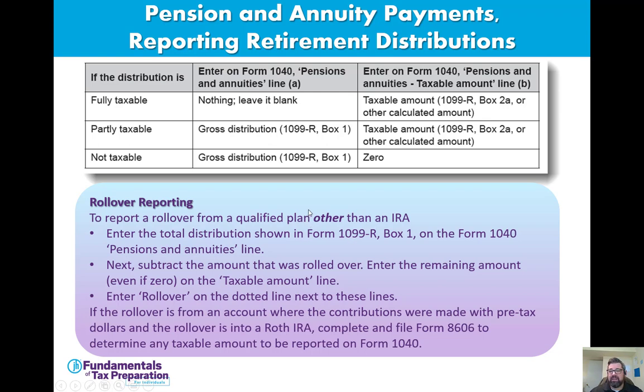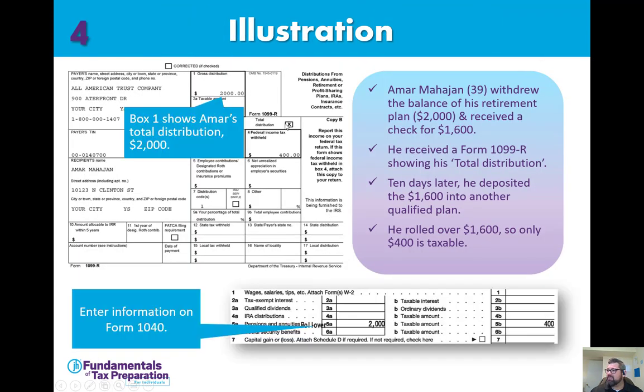This gives you an example of the 1099-R. This is an illustration, but it's the same as what we were looking at before. It's talking about pensions and annuities, but it comes on the same form as an IRA distribution or 401k distribution.